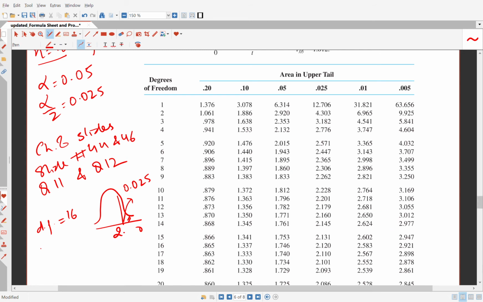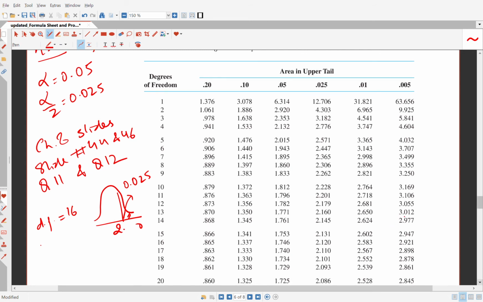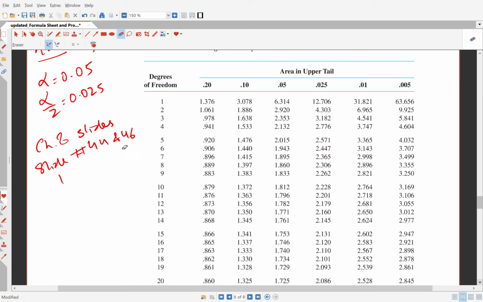Okay, so part B, to the left of 1.337. I'm just going to erase this more so I have more space here.